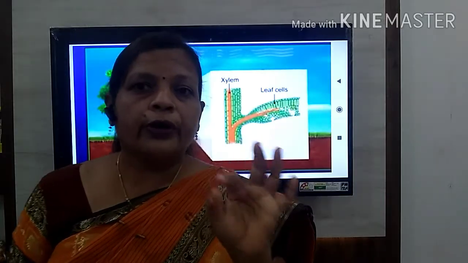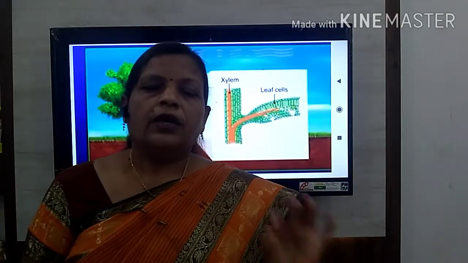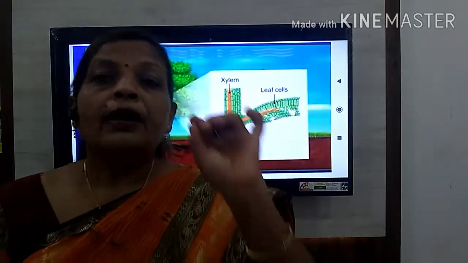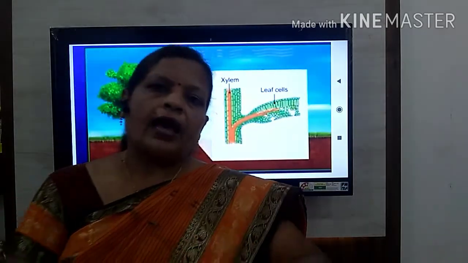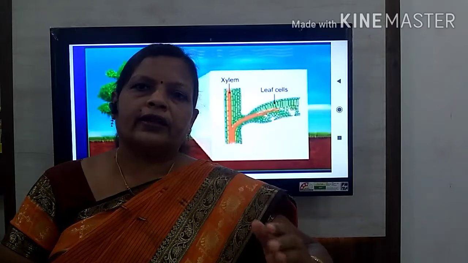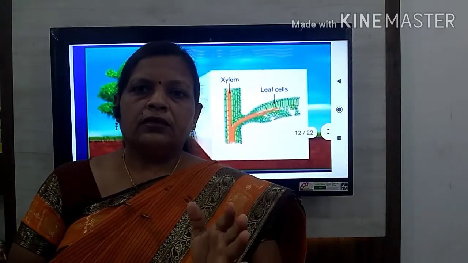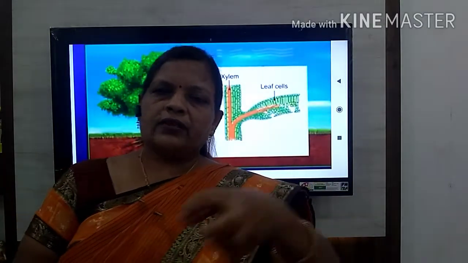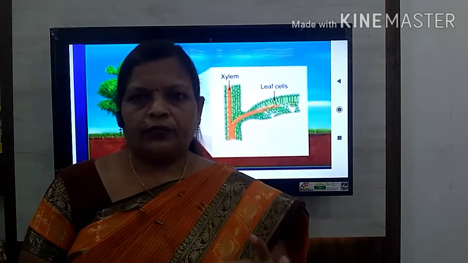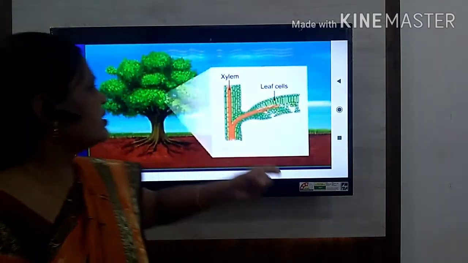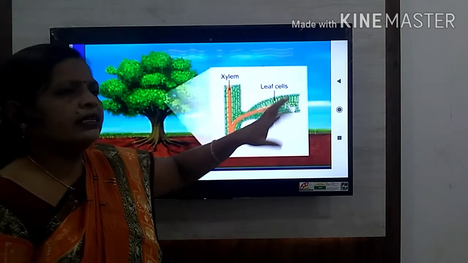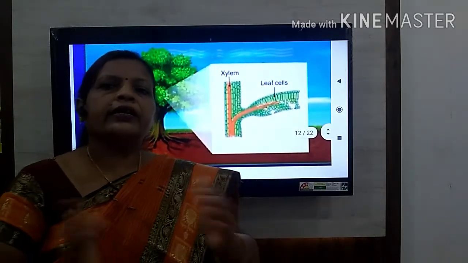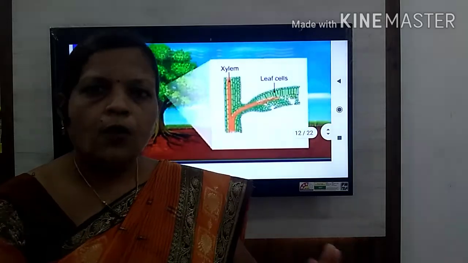You have to note down in your notebook: stomata are made up of the guard cell and the subsidiary cell. Through this guard cell, as there is a loss of water to the air, the guard cells take water from the surrounding cell, and the subsidiary cells again take water from the surrounding cell by the same process, by the increase and decrease of the concentration of water.